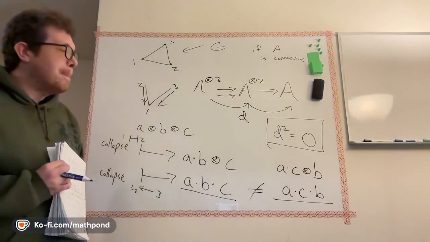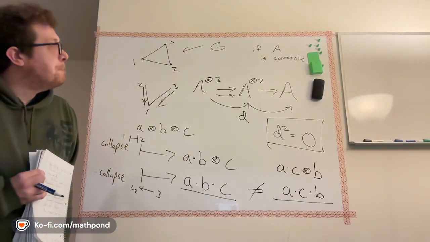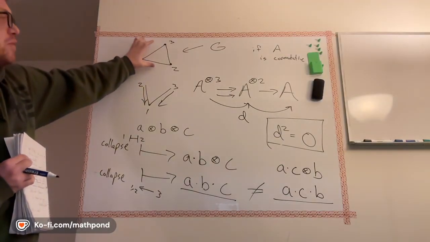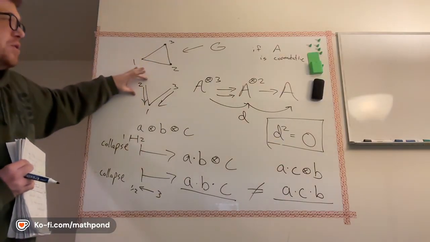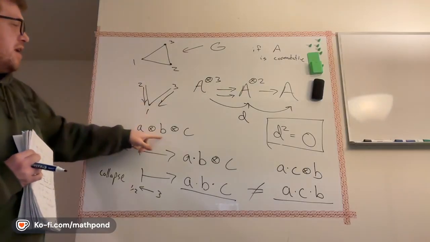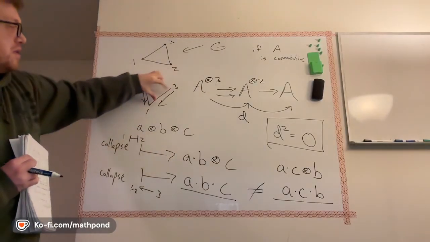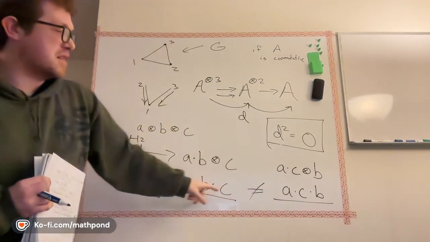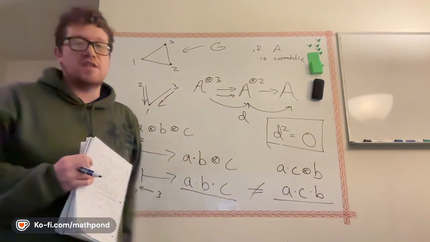So even dealing with a graph with 3 points, we already run into an issue: if A is not commutative, then you have a problem with doing these edge collapses in different orders. You get different products, and if you take the difference of these, you don't get 0, so d squared is not 0.